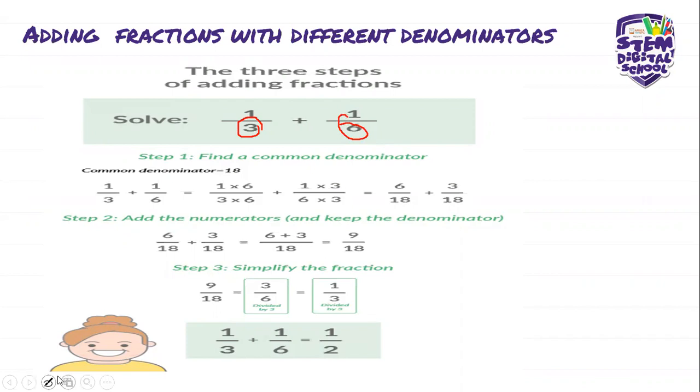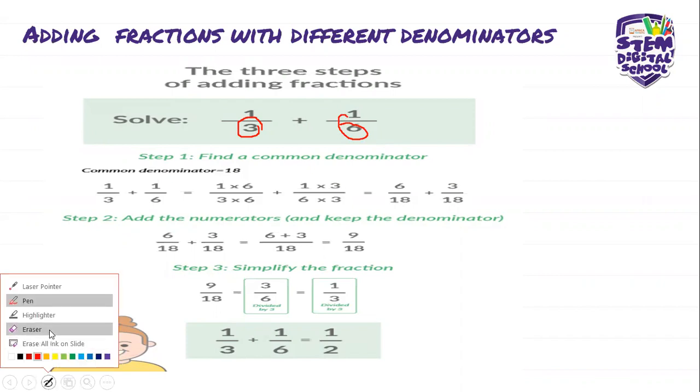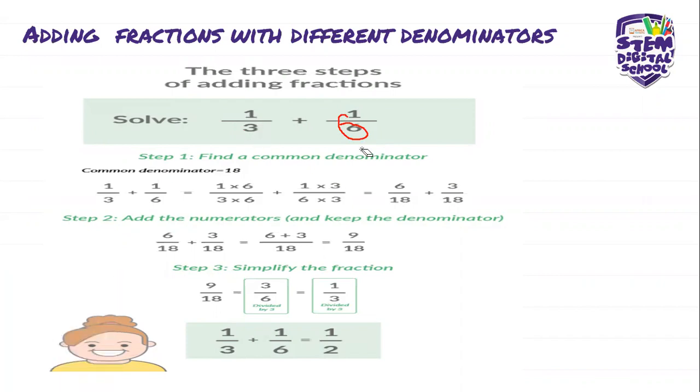That's the first thing we understand. So you need to first think: how do I change my fractions in such a way that I get a number that both denominators can change into? And when I change into those fractions, I can easily add.